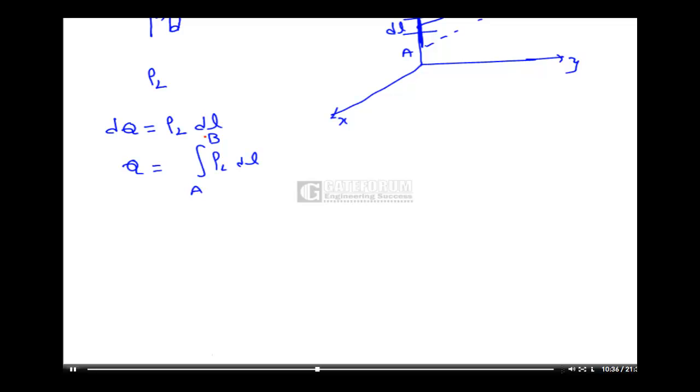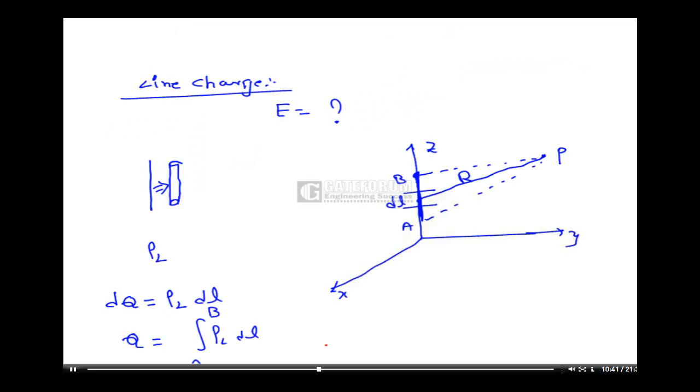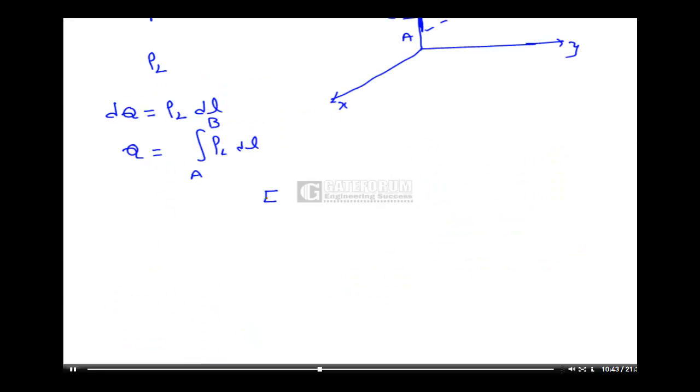Then I have to calculate electric field intensity due to this. Suppose the distance is r. I know that E is equal to, keeping a unit charge here, q by 4 pi epsilon naught r square ar bar. But here q is nothing but rho L dl, so E is rho L dl by 4 pi epsilon naught r square ar bar.